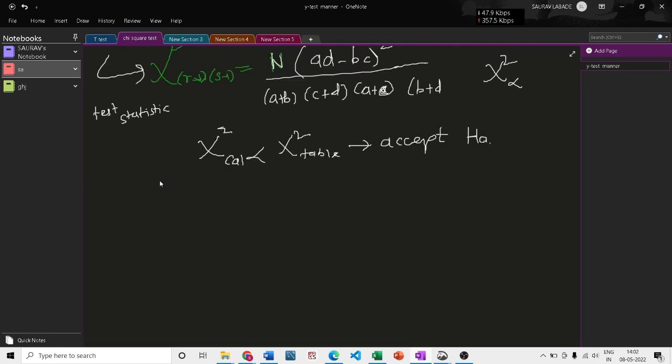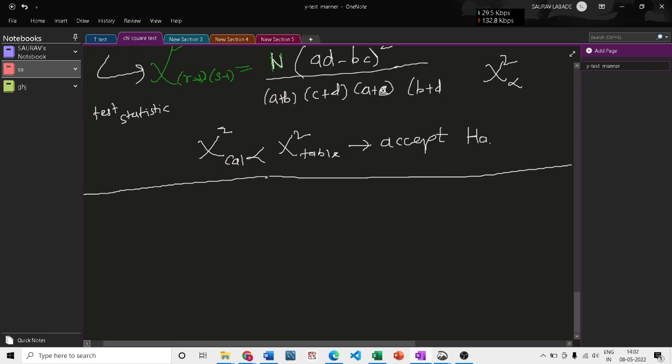So there is one example on the basis of this chi-square test.